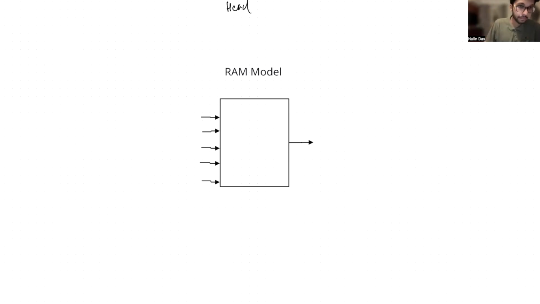Next, we have what we call the RAM model. A simple RAM chip looks as so.